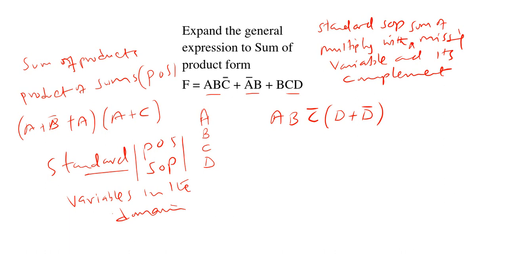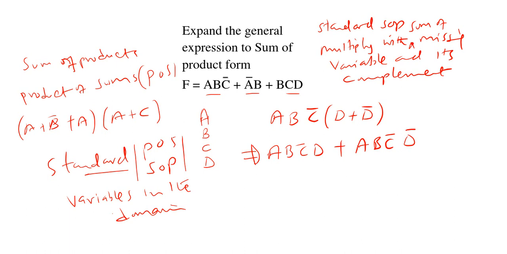When you do this, you will find that the result will give us an extra term, and that is what we are going to achieve. So when you use the distributive law, if you remember, we multiply this term with whatever is inside the bracket. We shall have A, B, not C, and D. We add A, B, not C, and not D.